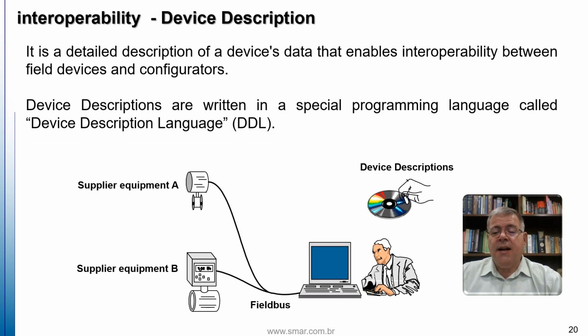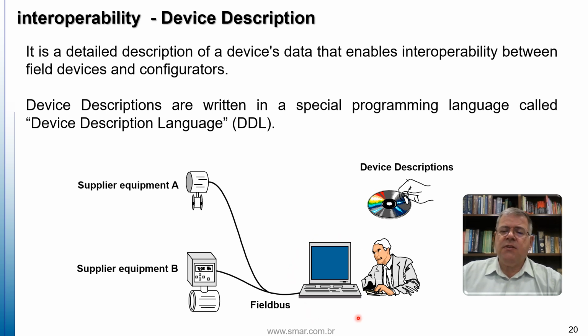To incorporate field equipment into this new technology, we utilize a technology known as DDL, Device Description Language, where we place this DDL into the computer in the software you are using.